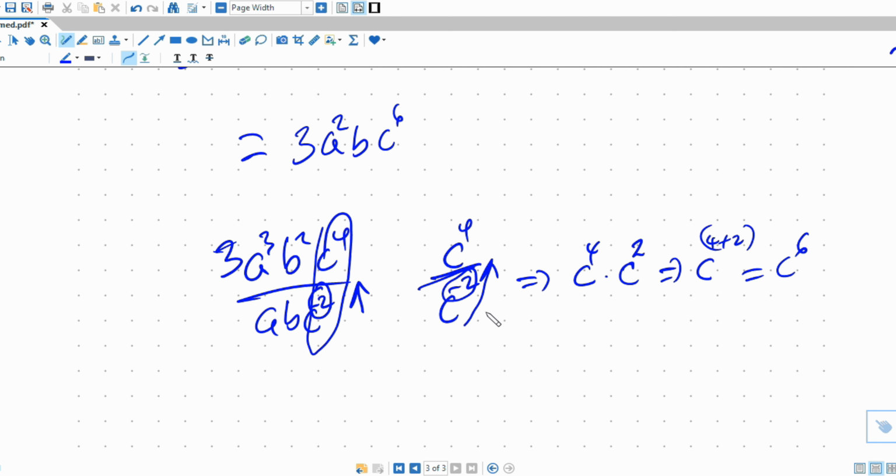which is c raised to 6. All right. The other thing you need to note is that the rules of indices only apply to values of the same base.